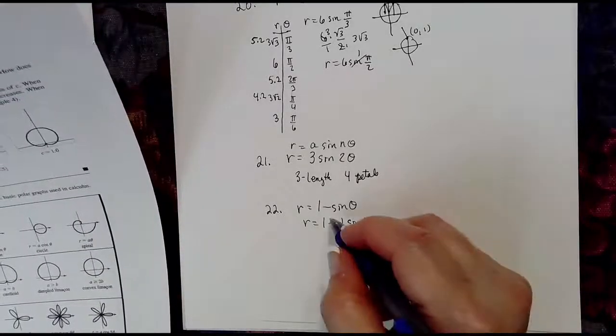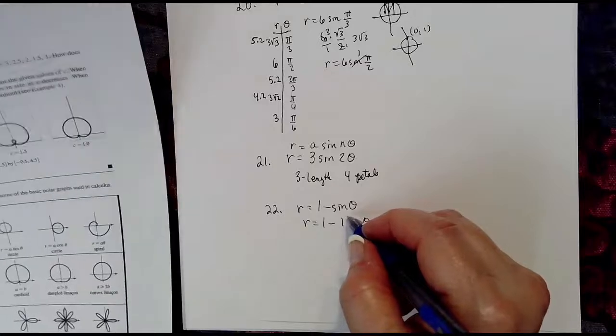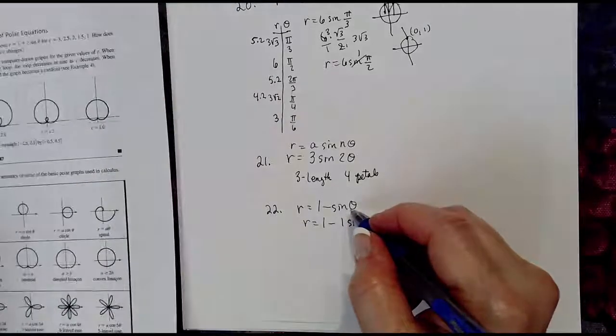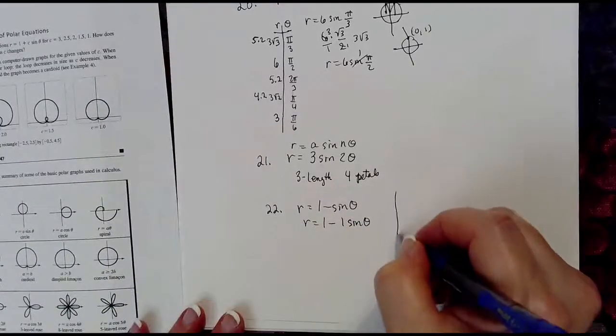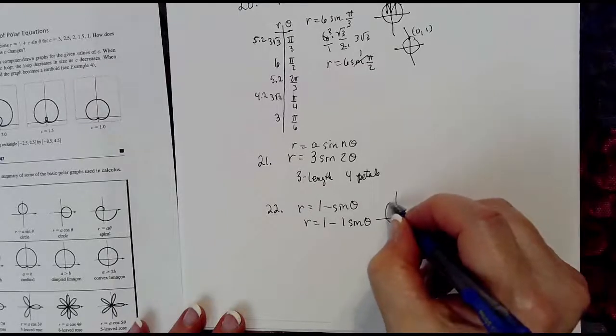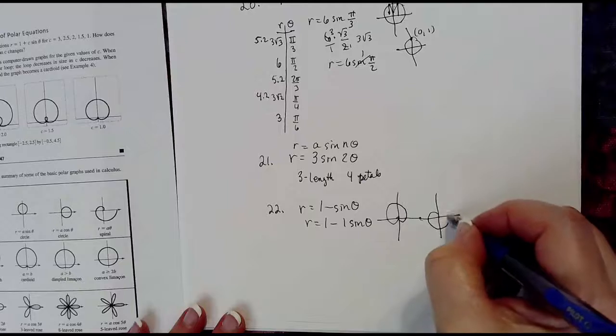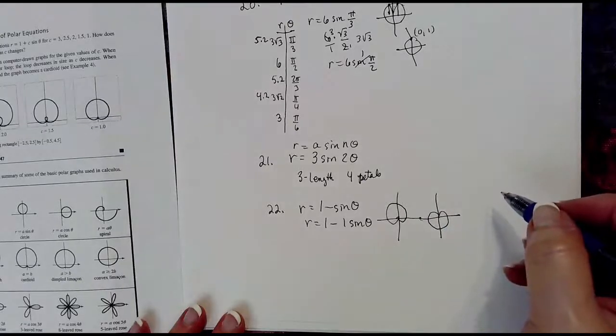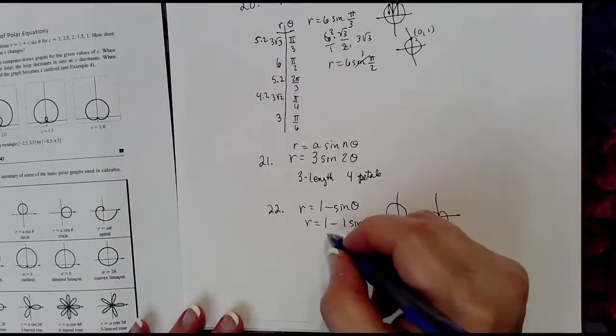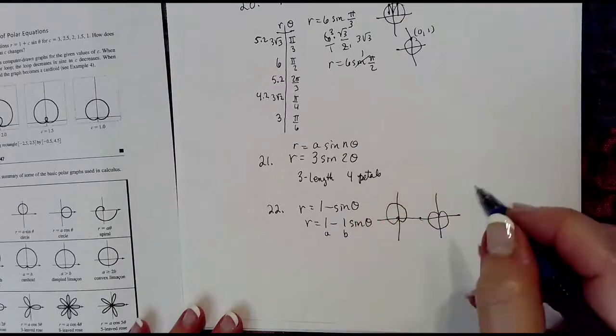So the limaçons say if A and B are the same, then it's going to be that cardioid shape. So it's either going to come around like this for the top, or it could do the same thing around the bottom. So you just have to see what it's going to look like. Since A and B, this would be my A and my B, are the same number.